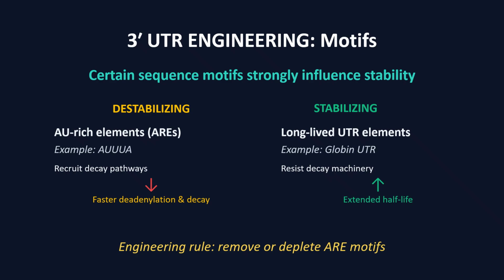From an engineering standpoint, if your goal is long-lived expression, you generally want to remove or avoid these AU-rich elements.